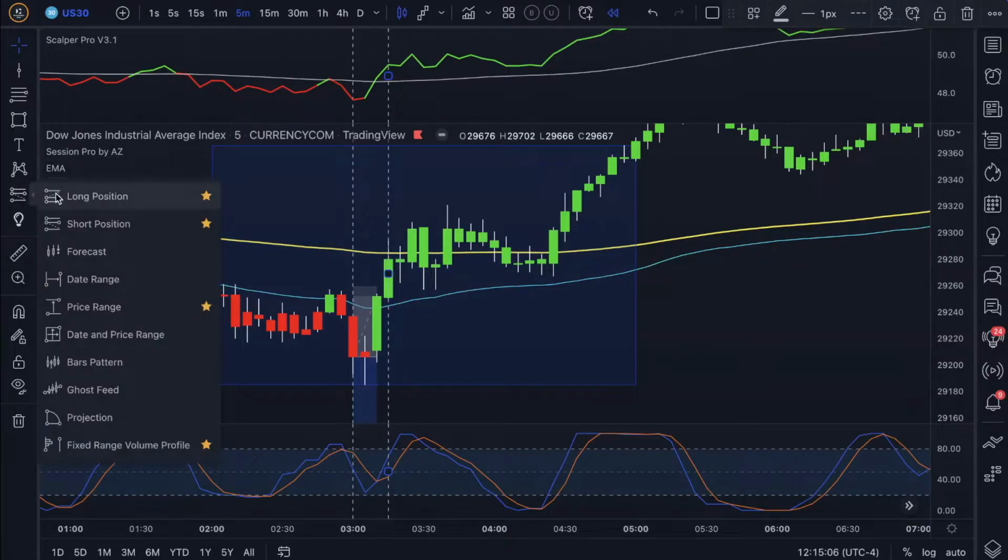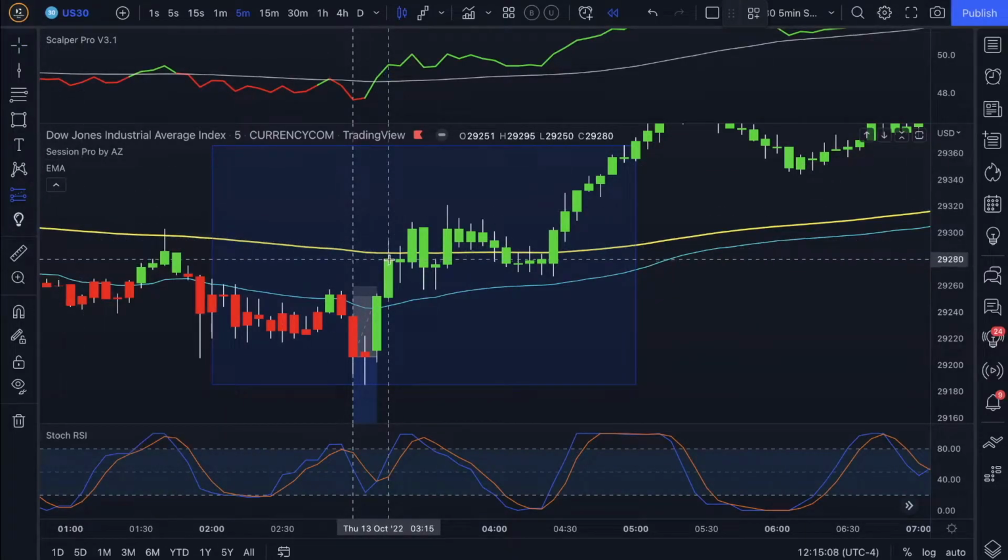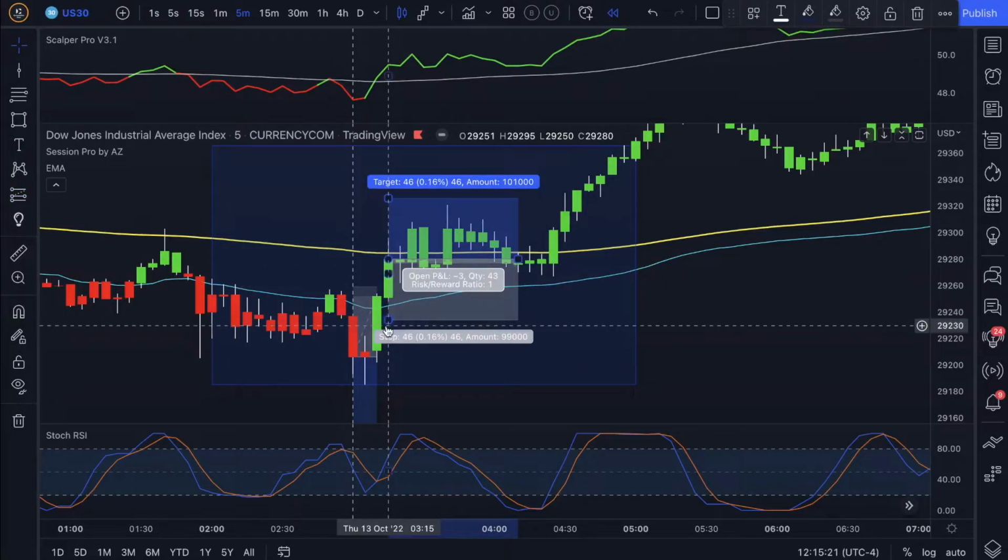But that's good enough for me, because I don't really care about the EMA, because it's such a lagging and delayed indicator. I'd rather prefer the VWAP, the volume weighted average price, that's also taking volume into this whole strategy.